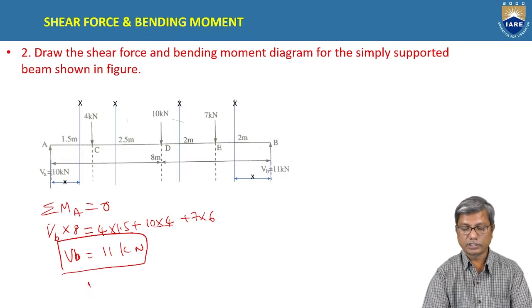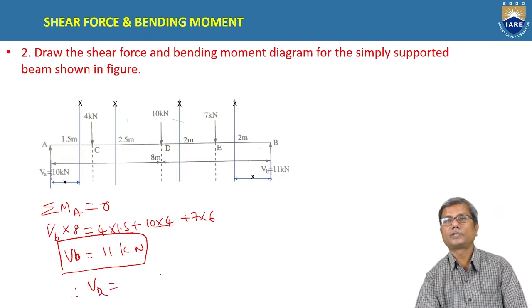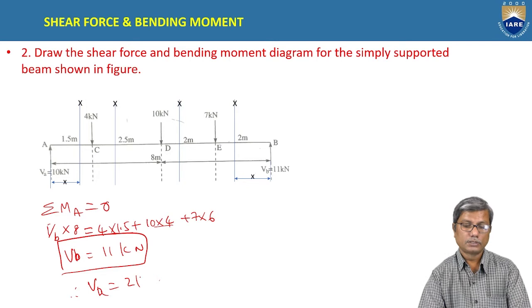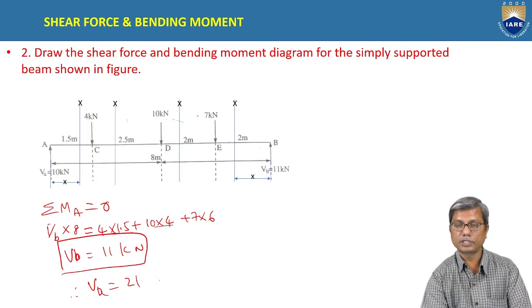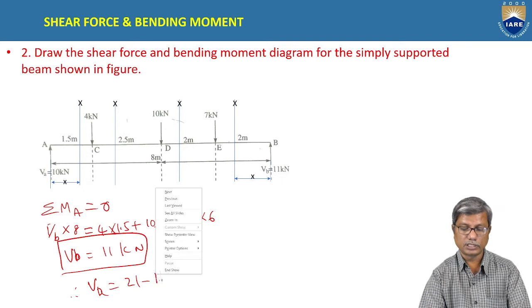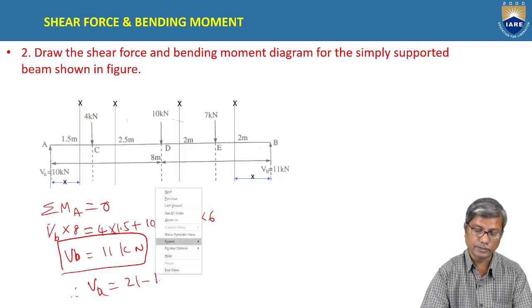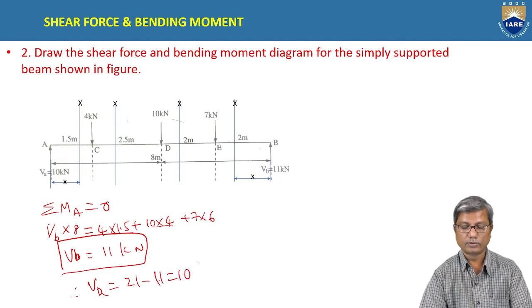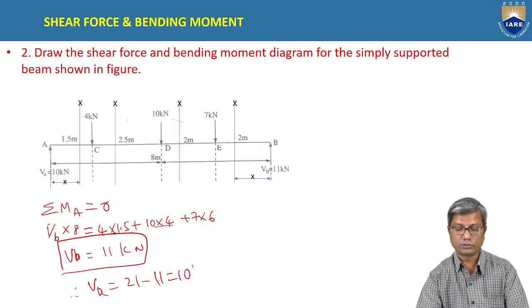So knowing the reaction at B, we get the reaction at A by subtracting VB from the total downward load. The total downward load is 4 plus 10 plus 7, that is 21, minus VB, that is 11. That is equal to 10 kilonewtons. VA is 10 kilonewtons.